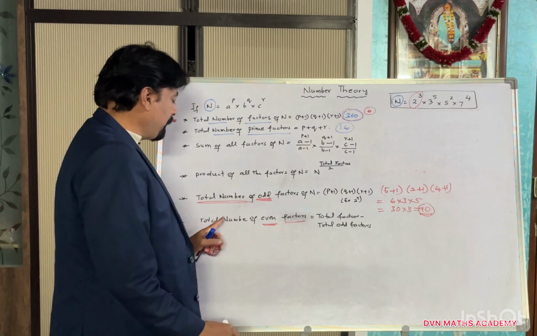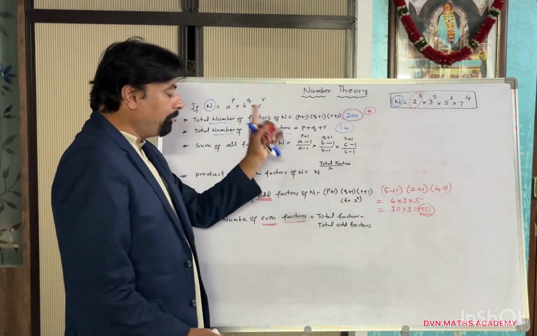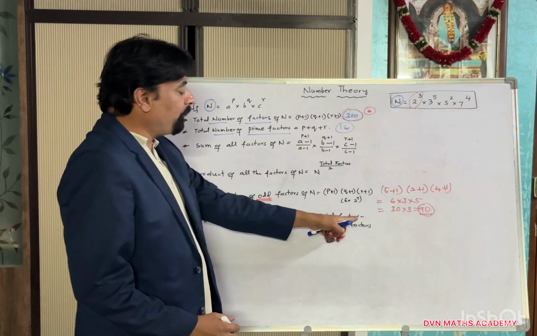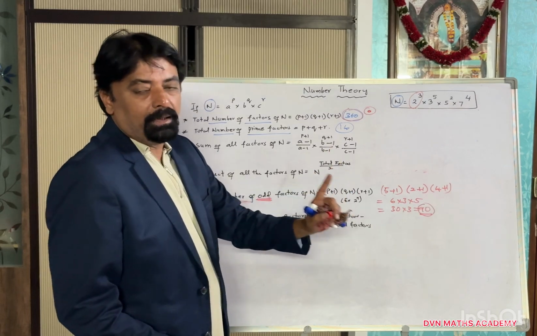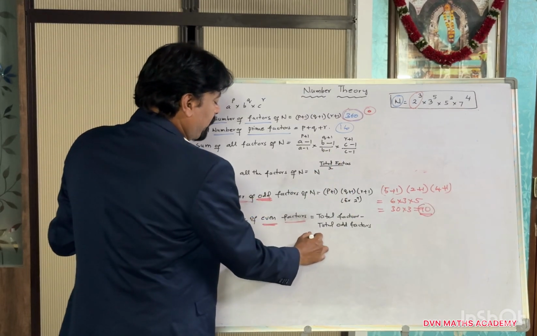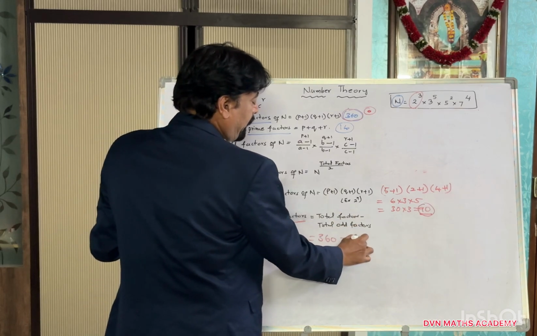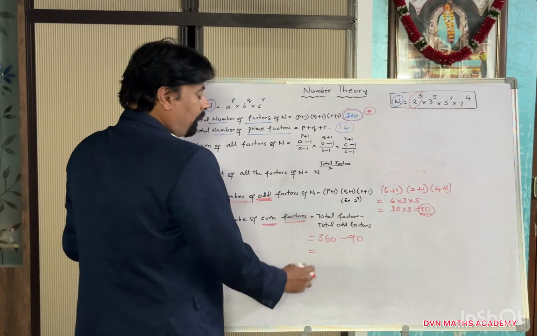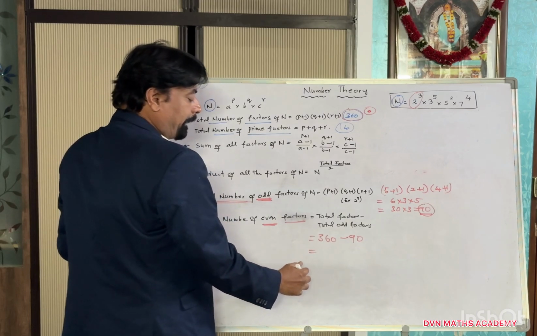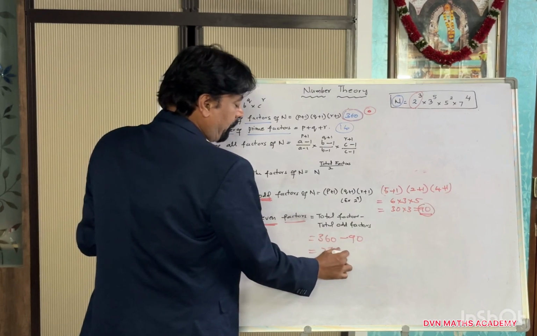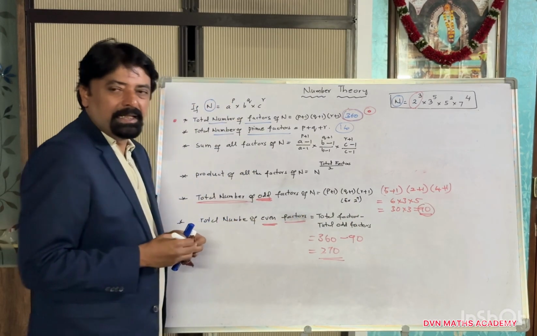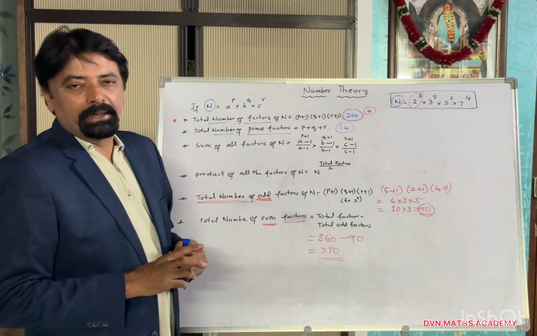The formula is total factors minus total odd factors. So the total factors is 360 minus total odd factors 90. You know that 360 minus 90 is 270. There are 270 even factors for the given number.